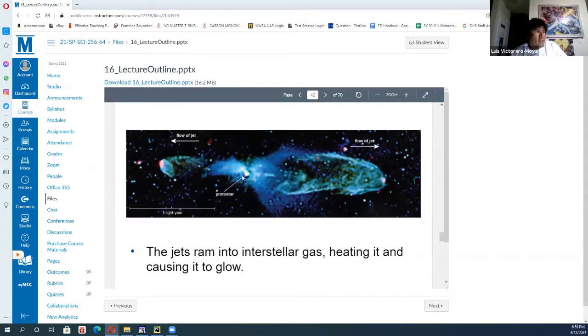So that's your protostar there, and that's your flow of jets. Normally, this indicates almost the end game for the protostar. That's when you start going into the star being born inside and start having nuclear reactions happening in the core.